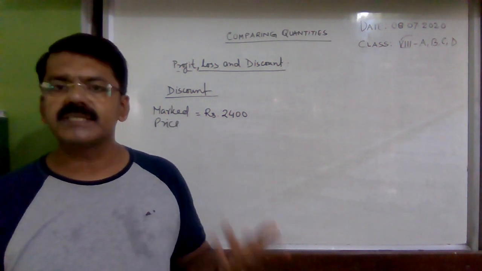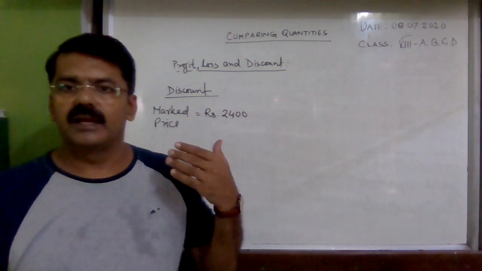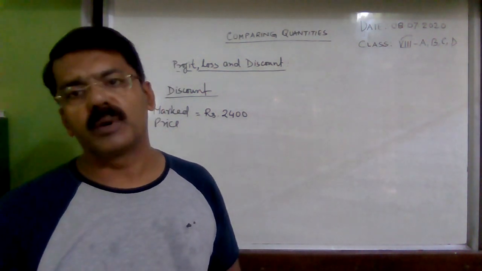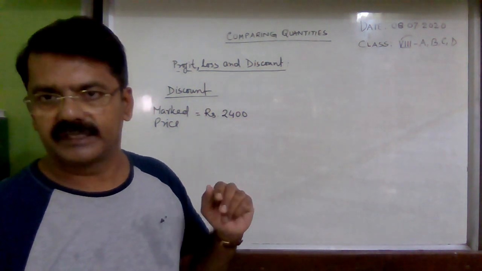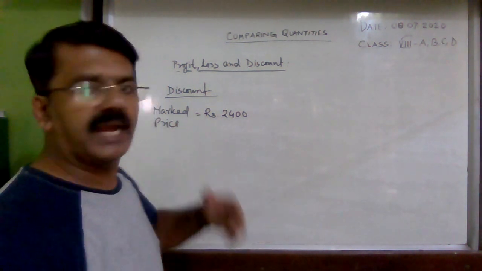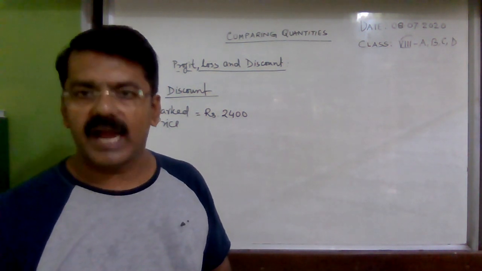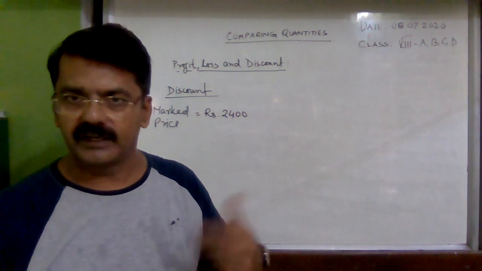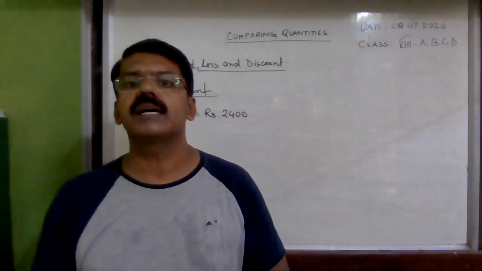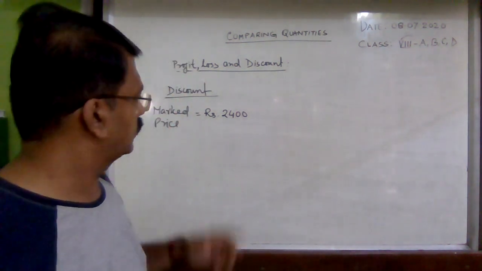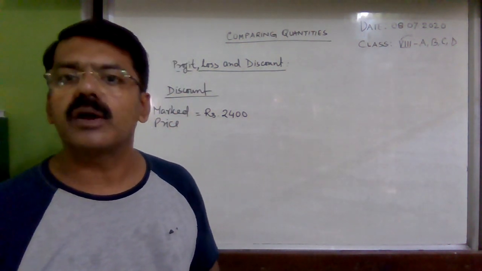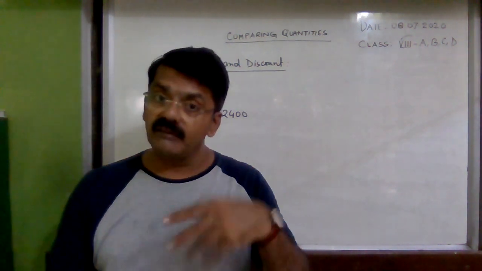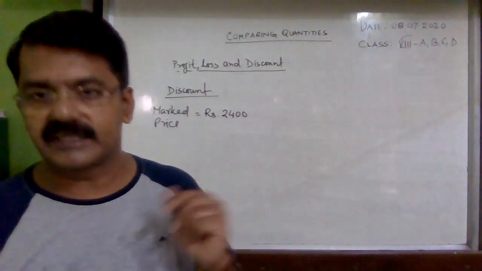Now the shopkeeper says that he is going to give you a rebate of 20% on the marked price, because sometimes if the marked price is high, then definitely the sale of that particular product reduces. So to increase the sale, shopkeepers give some rebate or some discount on the marked price, but still after giving the discount also they get some profit.